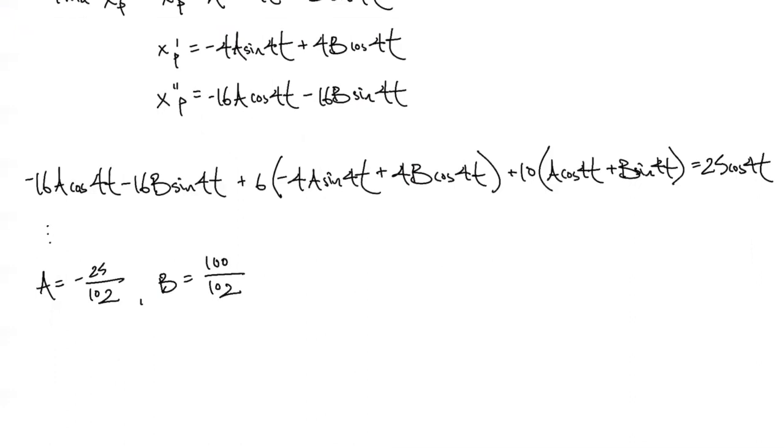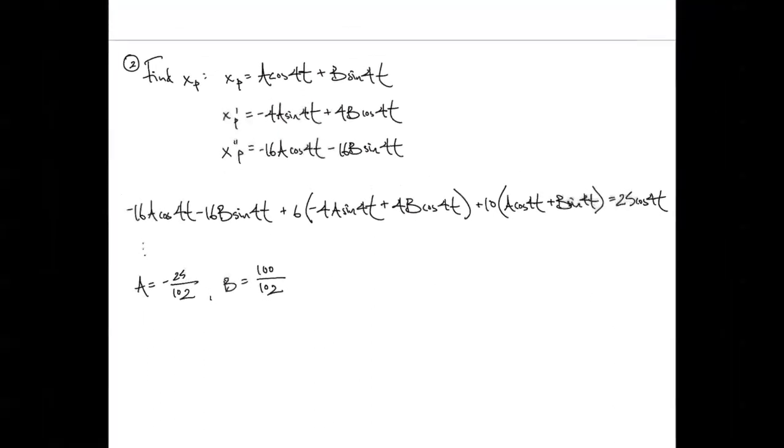And so what does that mean? That means that my x sub p, thank you for the notation correction, x sub p is going to be -25 over 102 cosine of 4t plus 100 over 102 sine of 4t.